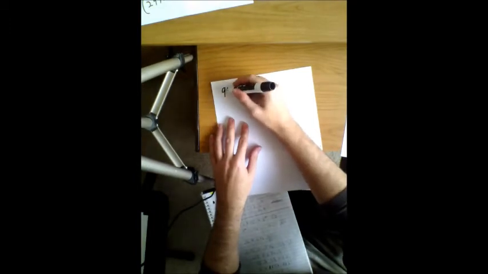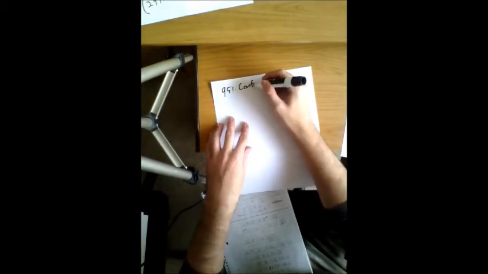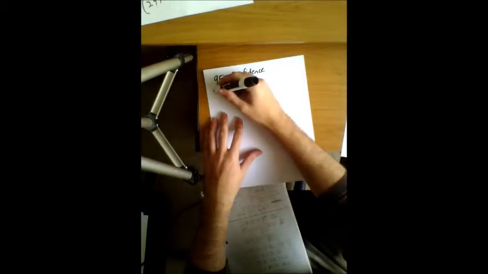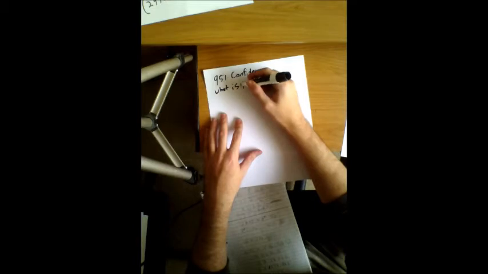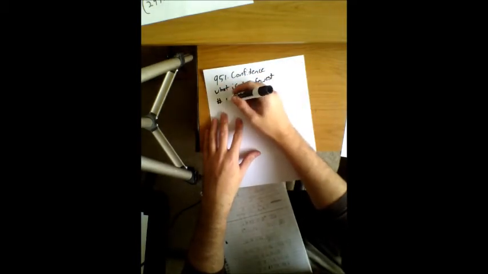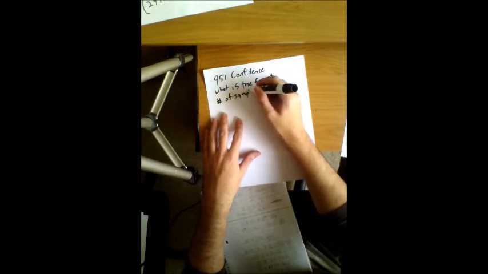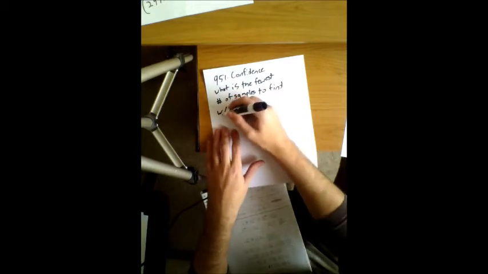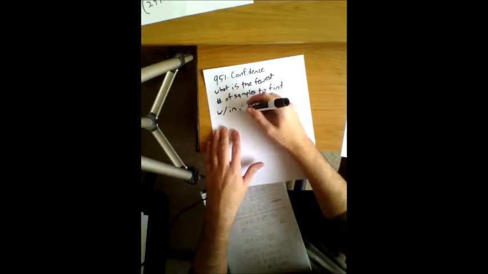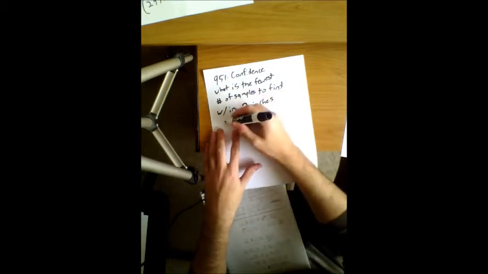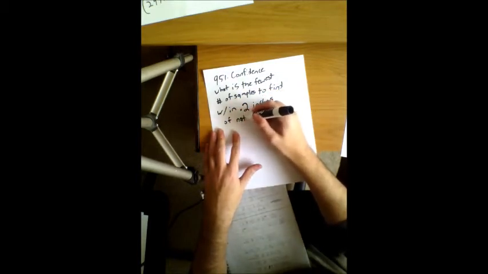Okay, so at 95% confidence level, what is the fewest number of samples to find within 0.2 inches of national height?